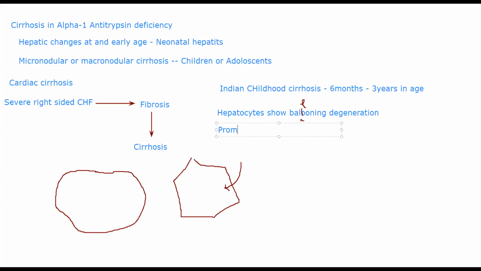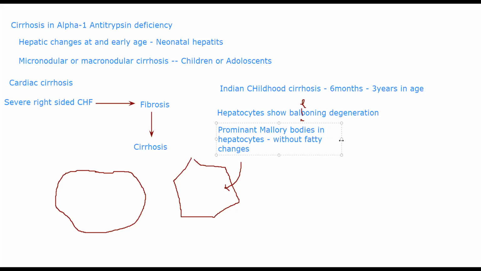Other than that, you will see prominent Mallory bodies in hepatocytes. These Mallory bodies will occur without the presence of fatty changes. Now, what are Mallory bodies?